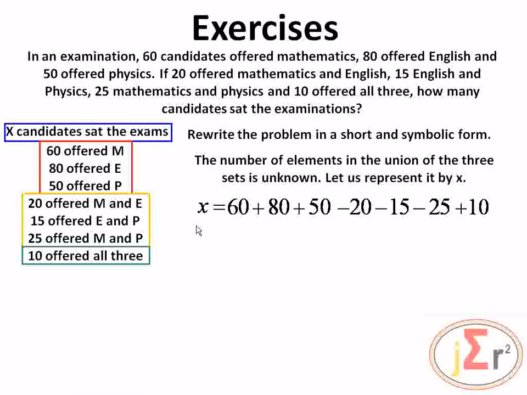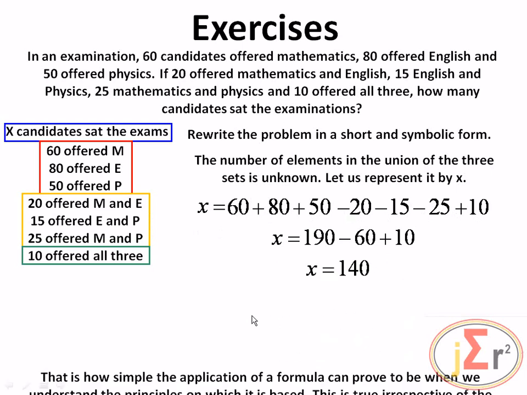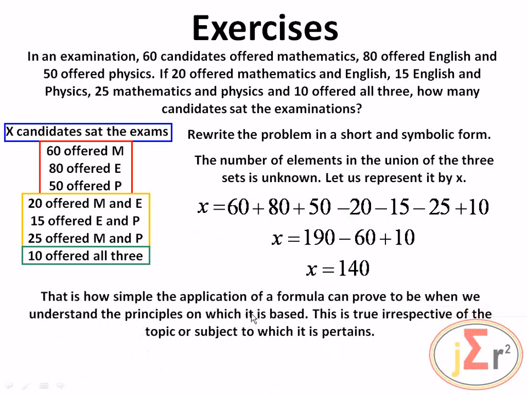Don't forget our pattern, add, subtract, add. And if we simplify, this is the result that we will get. So x is equal to 40. This is how simple the application of a formula can prove to be when we understand the principle on which it is based. This is true irrespective of the topics or the subject to which it pertains.